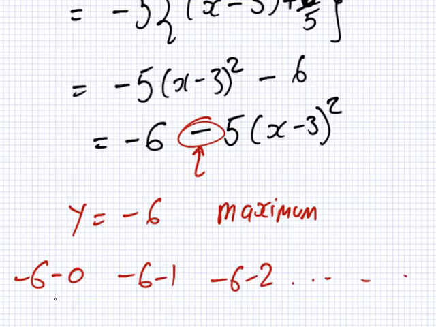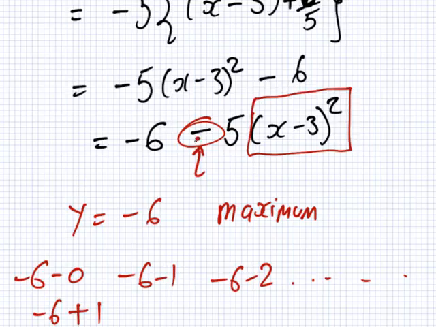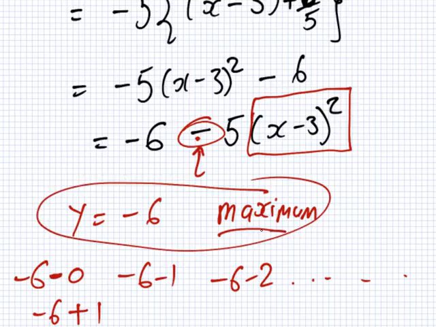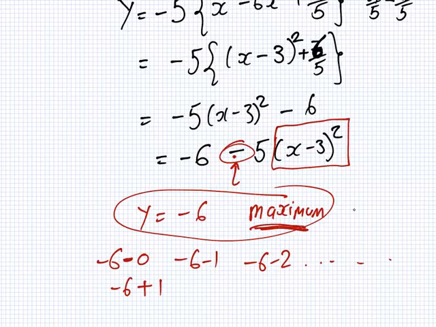Can you make it minus 6 plus 1? No, you can't, because this here is plus, this here is minus, so you must have minus. So this is the maximum. So the graph is upside down. But that's not important. So this is the answer.